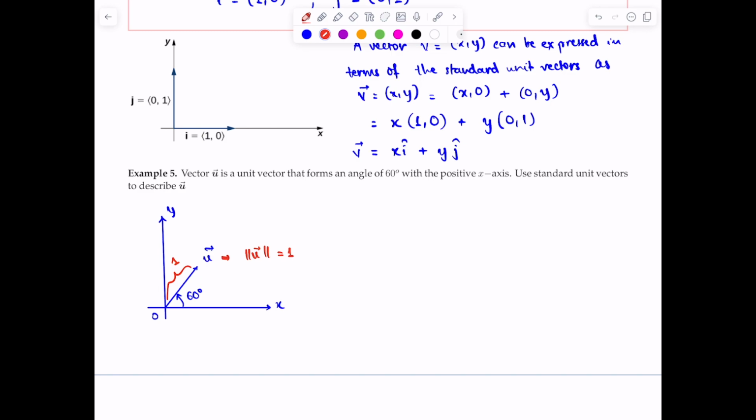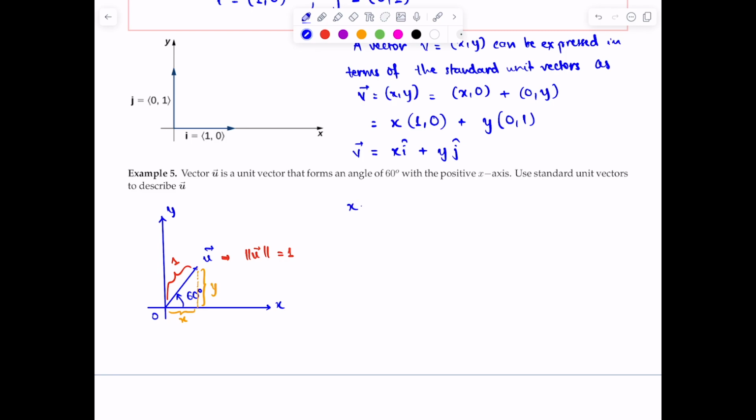If you notice, from the head of the vector, you can project this onto the x-axis, and you can calculate the value of x and the value of y, or the components of u, using sine and cosine values. Alright, so this is the x value, or the first component of u. This is y, which is the second component of u.